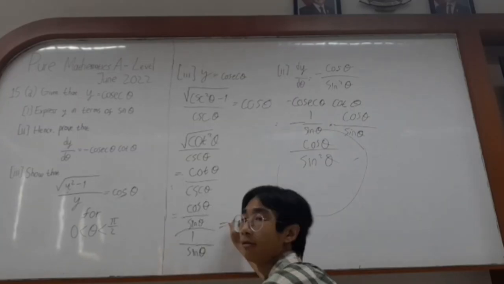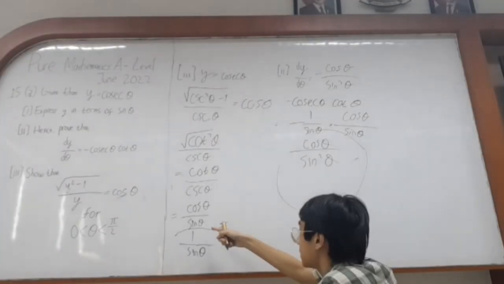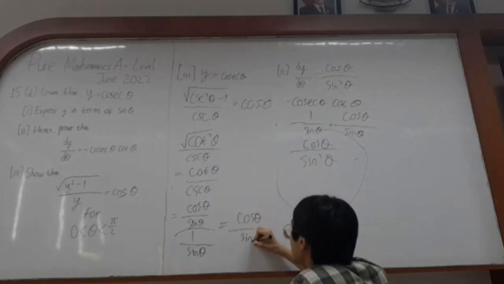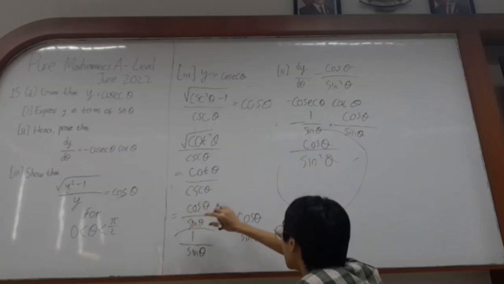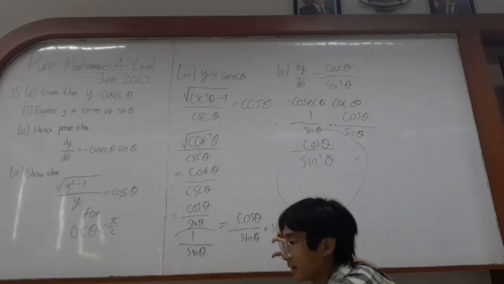The way we divide this fraction is this: we switch the place back up again, and this results in cos theta over sin theta multiplied by sin theta, because this is 1 and then you flip this, switch it over.